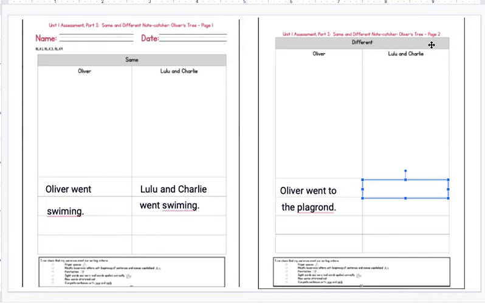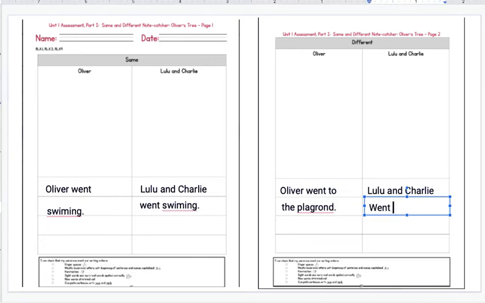So then in my sentence, I would say Lulu and Charlie went home. Lulu and Charlie went. Wow, I've been writing the word went a lot. Went home. Home. And if you know any other sounds, please include them. Please don't use the same example that I did. Use what actually happened in the story.